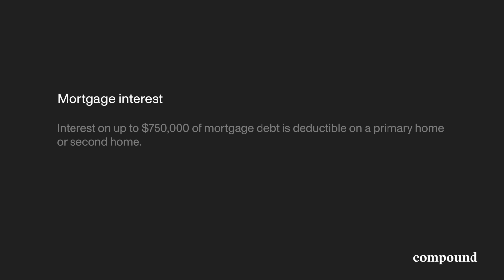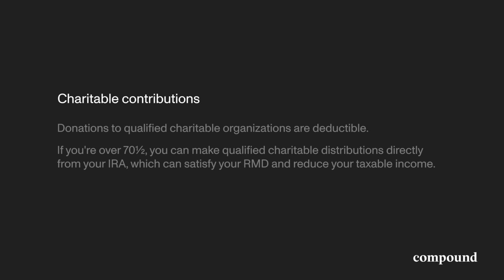Interest on up to $750,000 of mortgage debt is deductible on a primary home or secondary home. Charitable contributions. Donations to qualified charitable organizations are deductible, and if you're over 70 and a half, you can make qualified charitable distributions, or QCDs, directly from your IRA, which satisfy your RMD and reduce your taxable income. By carefully tracking your expenses and working with a tax professional, you can make sure you're taking advantage of all the deductions available to you.